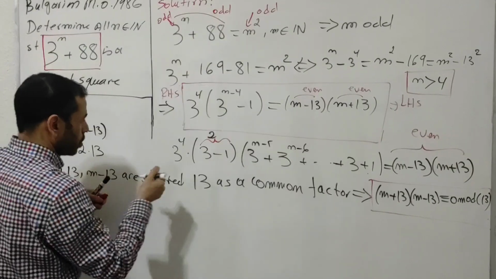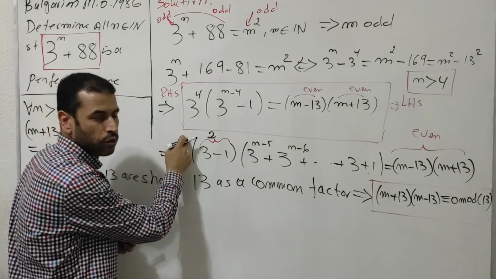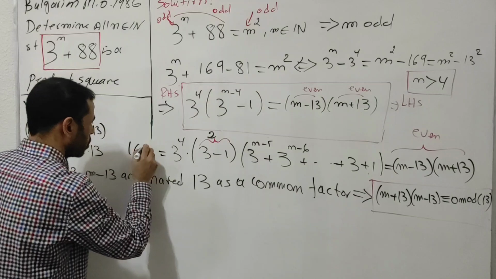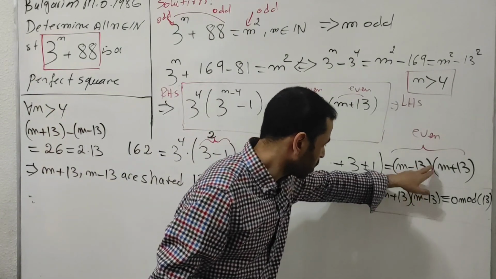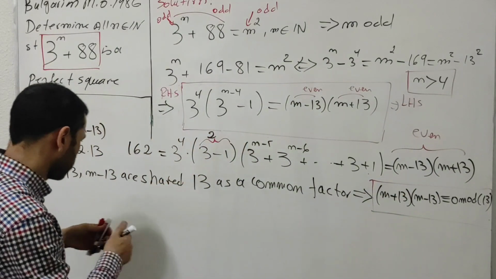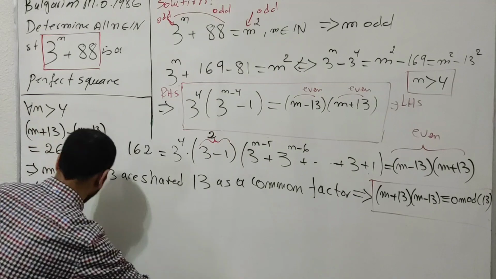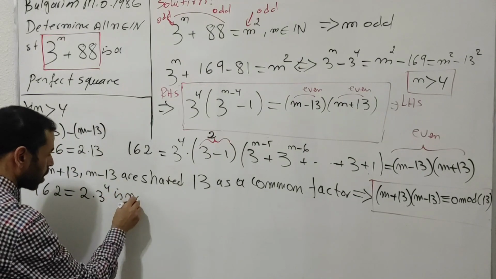This number, as we found before, is 2 multiplied by 3 to the 4th, which is 162. And we also found the right hand side of this equation is a multiple of 13, but 162, which equals 2 multiplied by 3 to the 4th, is not a multiple of 13.